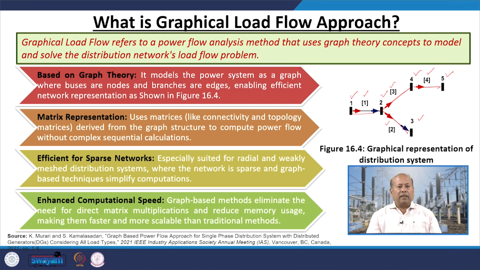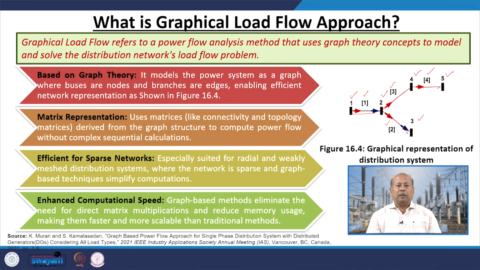Now, matrix representation uses matrices like connectivity and topology matrices derived from the graph structure to compute power flow without complex sequential calculations. It is efficient for sparse networks, especially suited for radial and weakly meshed distribution systems where the network is sparse and graph-based techniques simplify the whole computation process.